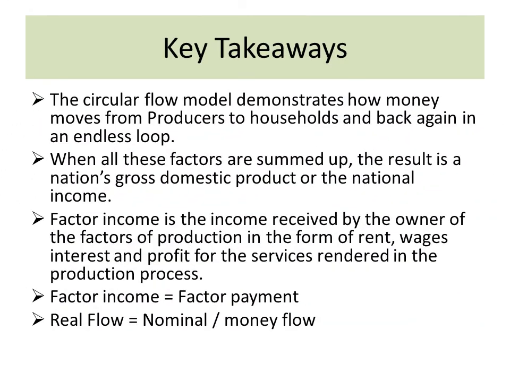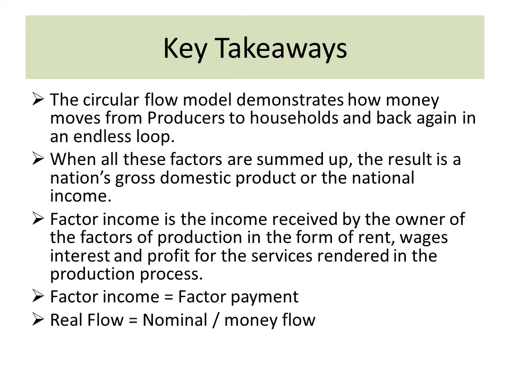Key takeaways from the whole topic: the circular flow model demonstrates how money moves from producer to household and back again in an endless loop. So this flow keeps on going. As the household makes more spending, that money goes back to the producer, and it again comes back in the form of rent, wages and salaries. When all these factors are summed up, the result is a nation's gross domestic product, or national income.